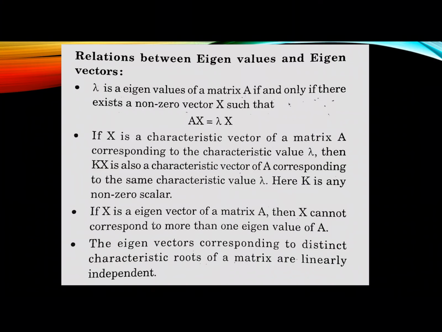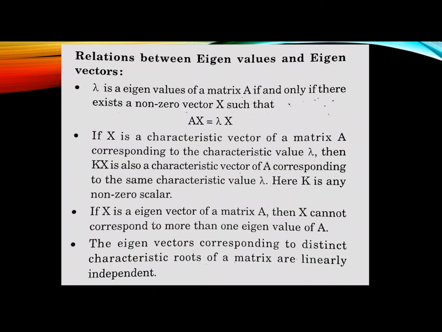If x is a characteristic vector of a matrix A corresponding to the characteristic value lambda, then kx is also a characteristic vector of A corresponding to the same characteristic value lambda. Here k is any non-zero scalar.